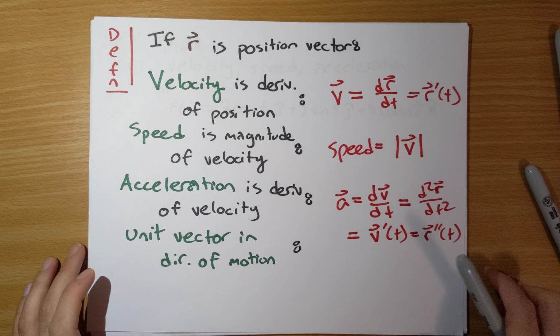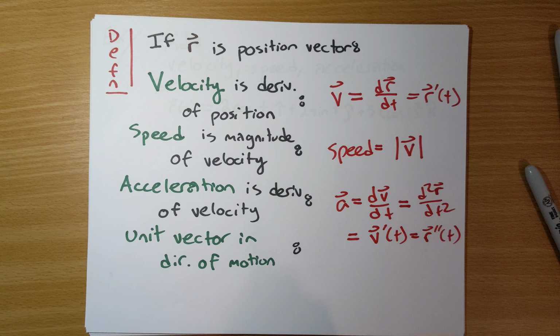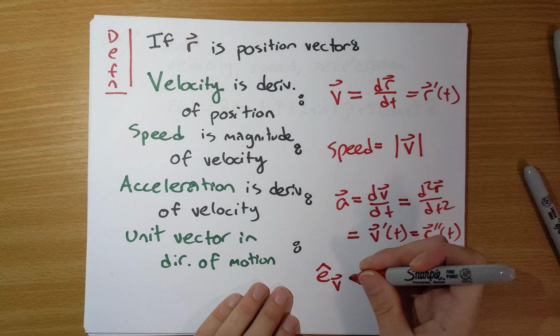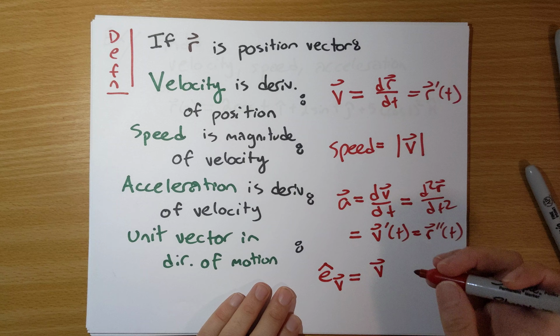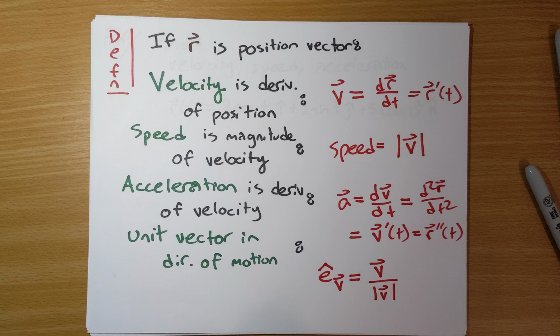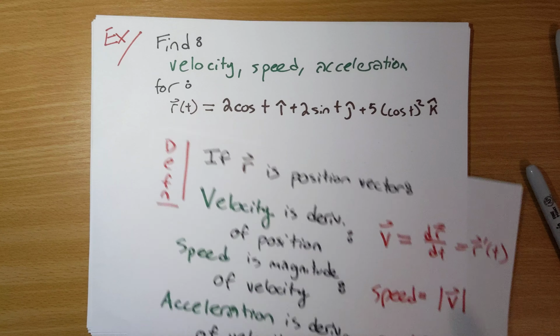And then finally, unit vector in the direction of motion. So velocity is pointing in the direction of motion. How do we turn it into a unit vector? Do the standard, take v and divide by its length, divide by its magnitude. Okay, so these are going to be important definitions for us all throughout chapter 13.